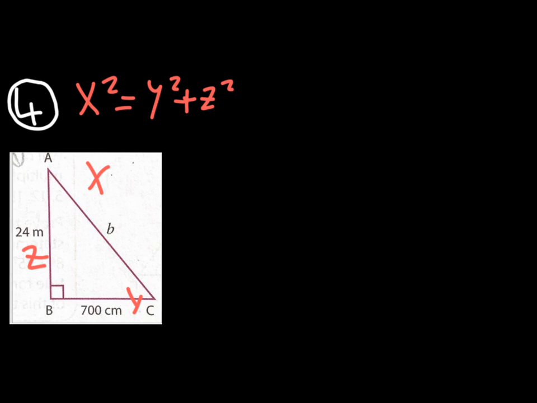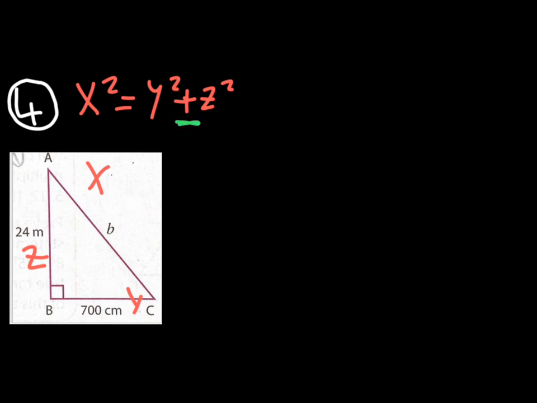For question 4, we see that we are given all of the sides except for the hypotenuse, which I have labeled x. I've done this just to show you guys that you don't need to label them A, B, C, and the formula applies to anything as long as you're making the subject of the formula the hypotenuse when you are adding.